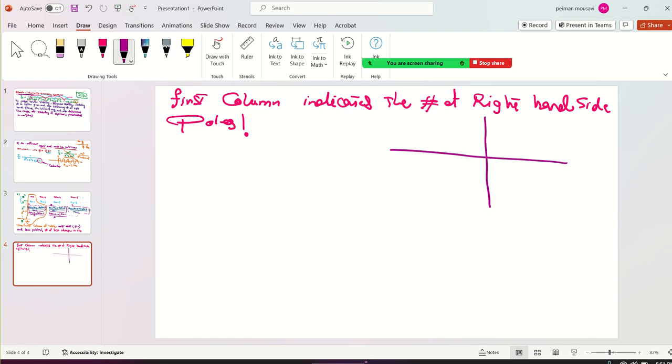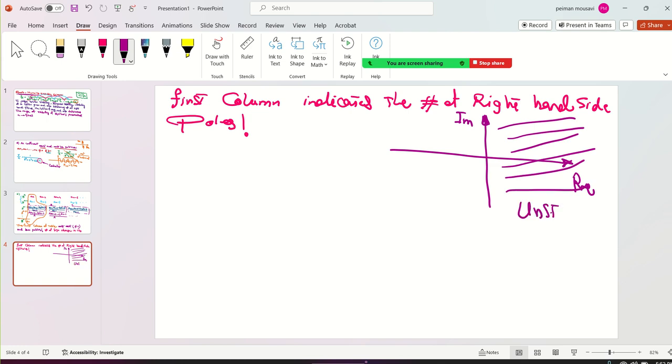I taught you, if this is the complex plane, real, imaginary, this side is unstable, right hand side. This side, the left hand, is stable, and this is marginally stable. That's right. So it shows how many poles we have there to fix by controller.